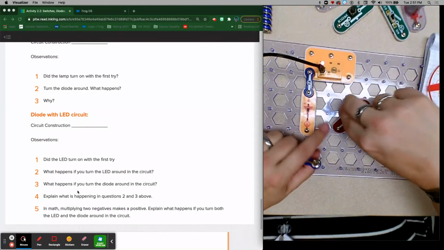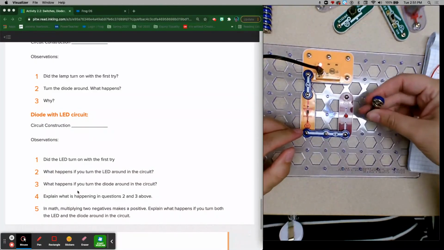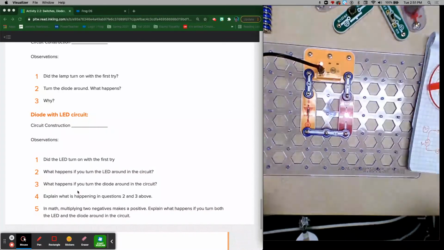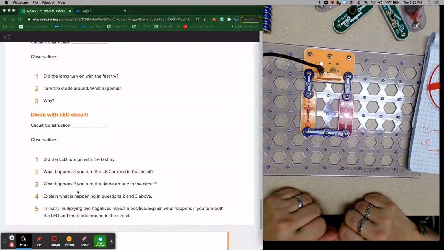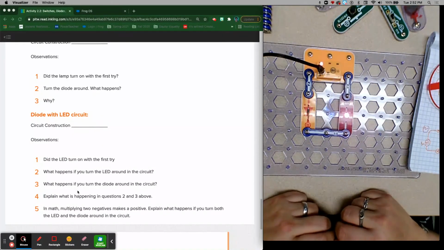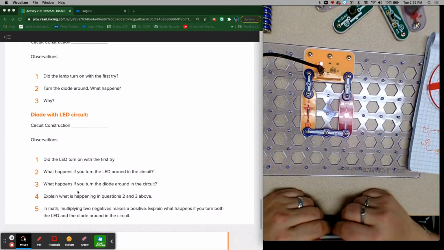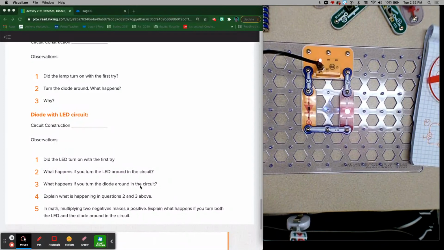So turn this around. Now I've turned it around. What happens? Explain what is happening in 2 and 3 when I turn them around.